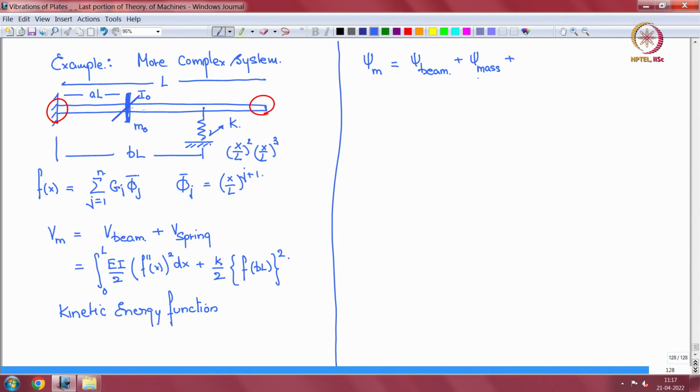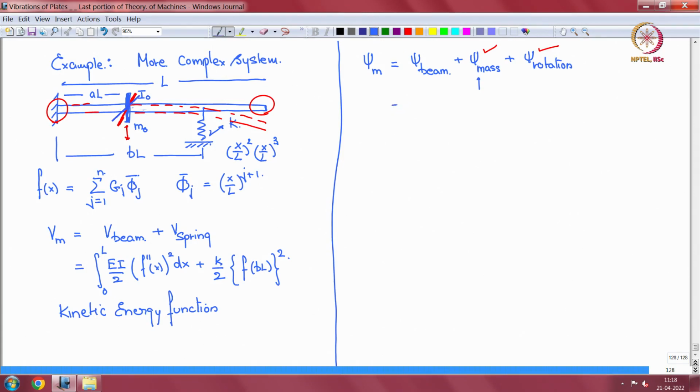So this due to linear velocity and this due to rotational velocity of the mass. Okay. So as this beam vibrates, this mass translates up and down, it also rotates back and forth. Okay. So you have to include both the kinetic energies. So these are the two terms. Okay. So how do you bring them in?